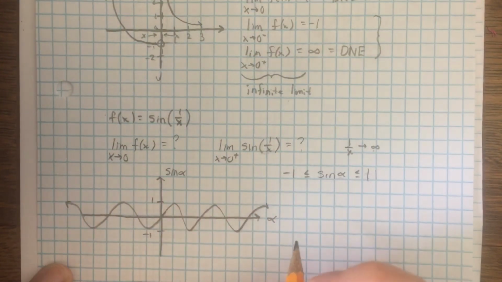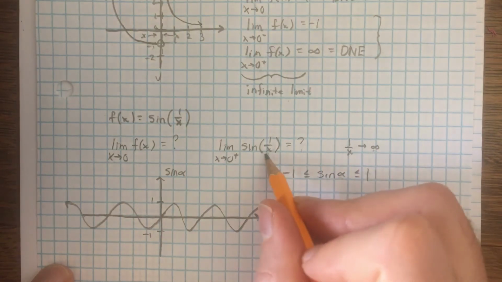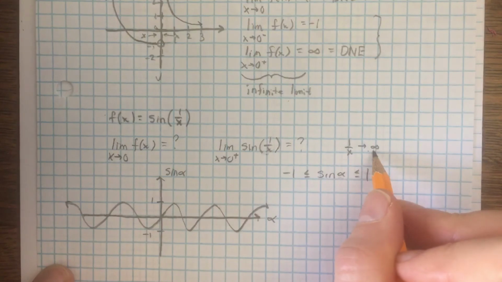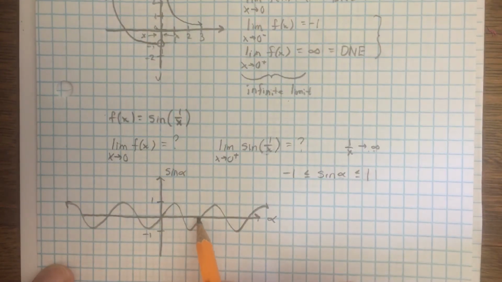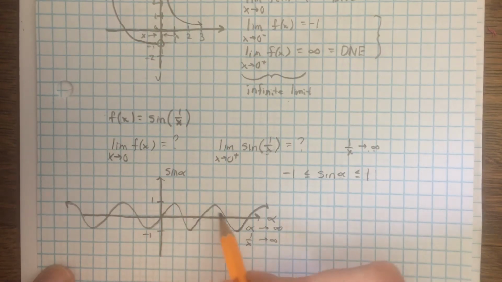And so we see what happens if the argument of the sine function gets larger and larger. This is happening here. The argument is getting larger and larger altogether. Not just the x, I'm saying the 1 on x, getting larger and larger. So that means we're moving out here. Alpha is heading towards infinity, i.e. the 1 on x value is heading towards infinity. What is the sine function doing?